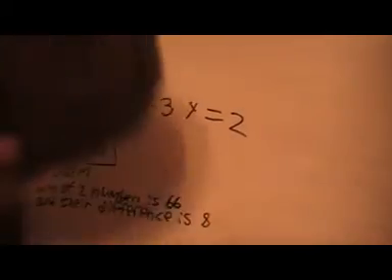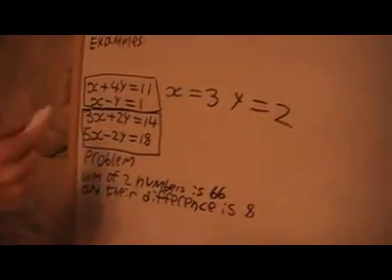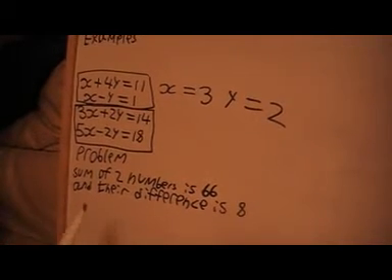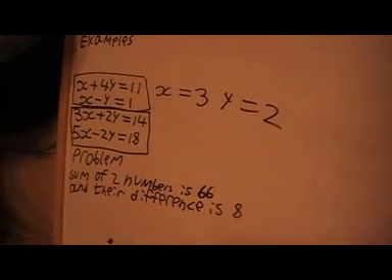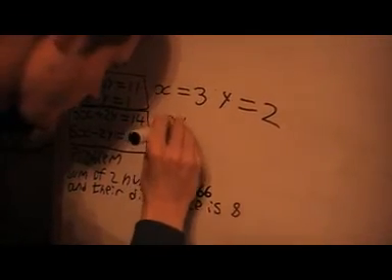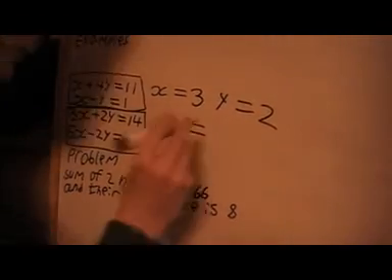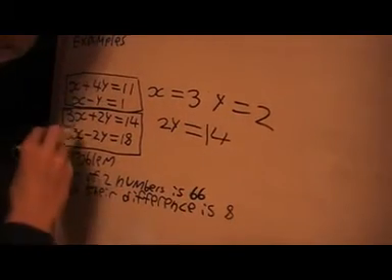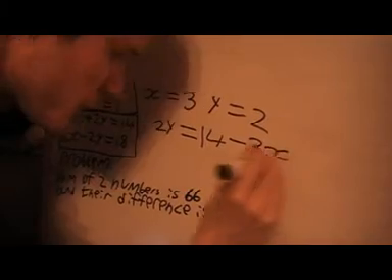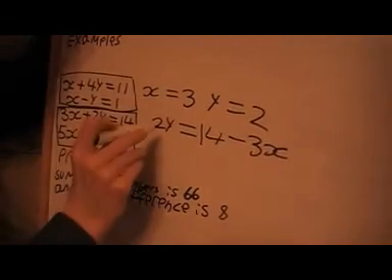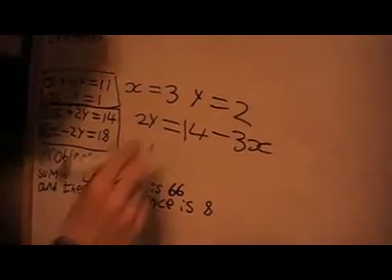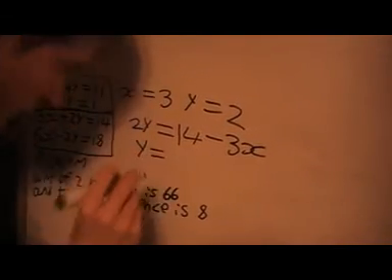That's the solution. And the second one here is slightly more difficult with the rearranging part, but we'll just ignore that this is 2y for now, and we'll just move this to the other side and make it minus 3x. But now because this is 2y, we need to divide all of this by 2.